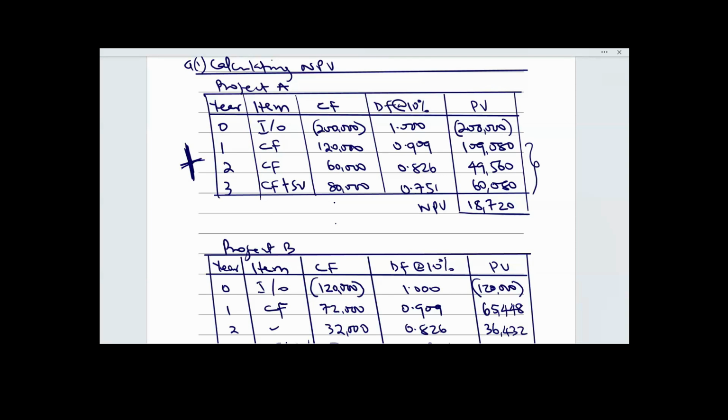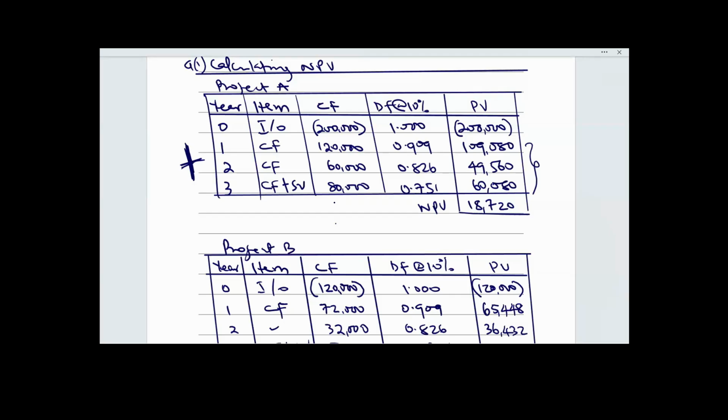By the time you add up the 3 figures together, that's about 260,000. That's almost 150% of the initial outlay of 200,000. The cash inflow is almost double the cash outflow.